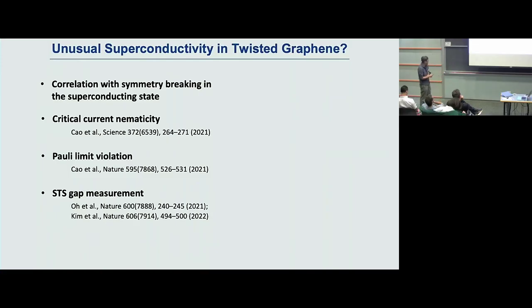And scanning tunneling spectroscopies, including those of the previous speakers, show that when you measure STS the gap is rather soft rather than a hard gap, indicating there might be in-gap excitations, hinting at gapless or nodal superconductivity. That's some of the evidence, reasonably indirect but quite suggestive.